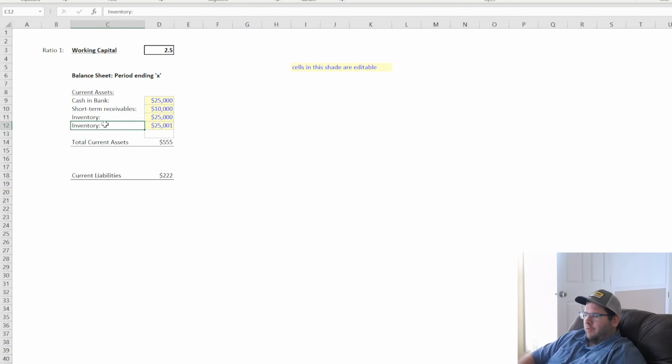And maybe you have other current assets, just like a catch-all. Right, let's sum that up. So current assets, 62,000. Now I also want to look at, all right, let's put some current liabilities.